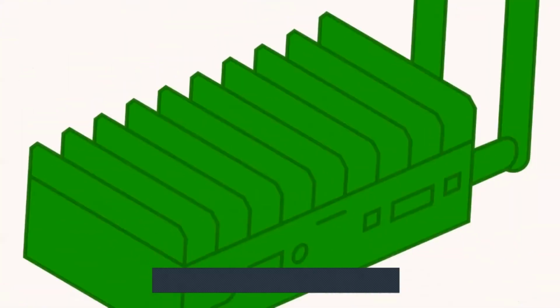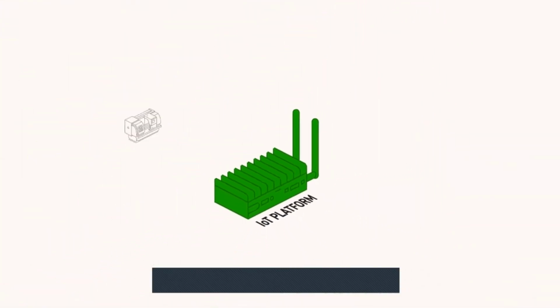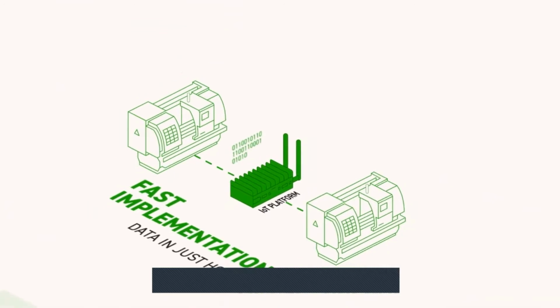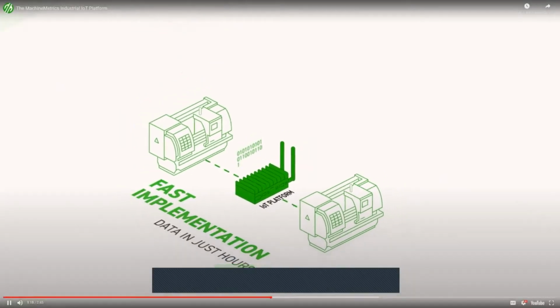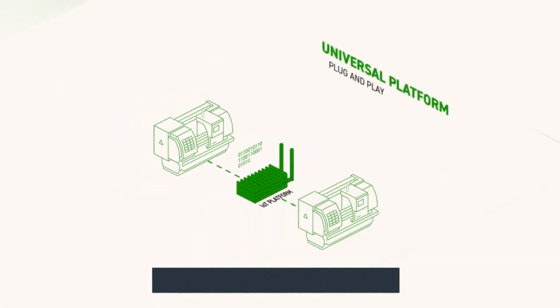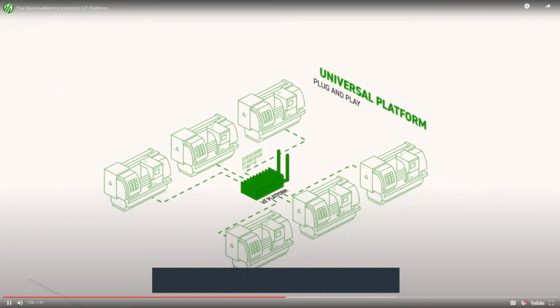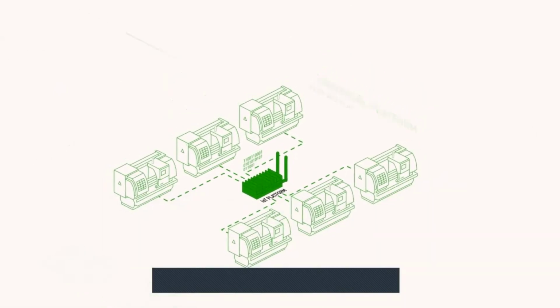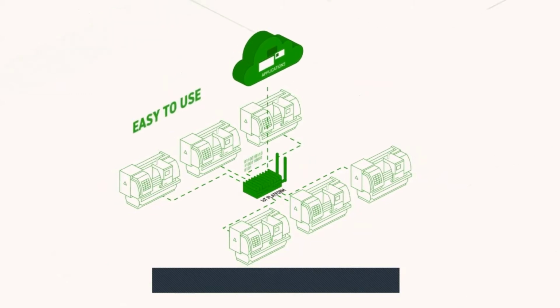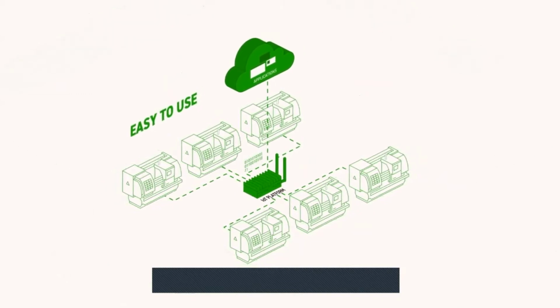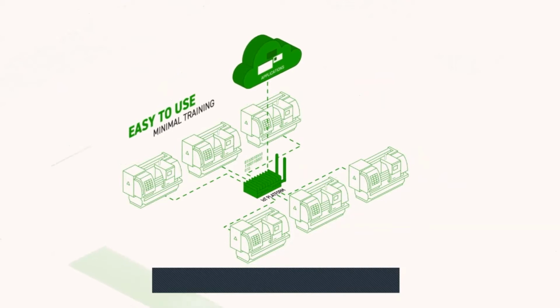The Machine Metrics IoT platform is easy to install and implement. You'll start visualizing data in a matter of hours. Plug-and-play edge connectivity harnesses and standardizes machine data across your entire fleet. Our intuitive, out-of-the-box apps are easy to use and drive rapid improvements in efficiency. Training is minimal.